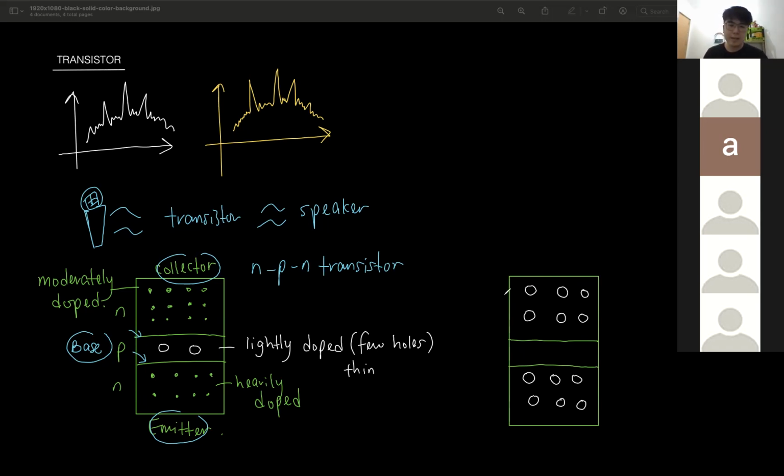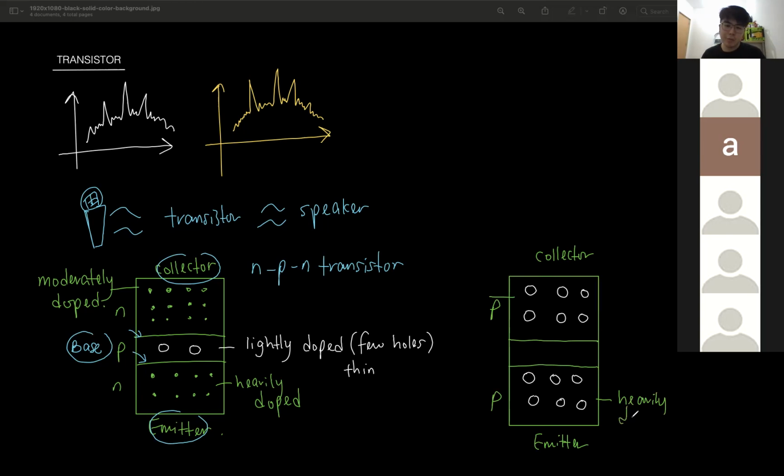Okay, now again, this one is moderately doped and we call it the collector. At the bottom, this is the emitter and it is heavily doped. Heavily doped means that, because this is p-type, it has many holes. The collector has fewer holes compared to the emitter.